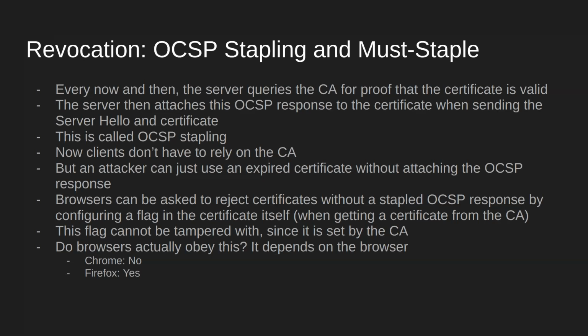The problem is if an attacker has hold of a revoked certificate, they can just not include the proof. So the way to fix that is by asking the certificate authority to put a flag in your certificate that mandates the browser check for the proof. And if it doesn't get that stapled OCSP response, it will reject the connection.